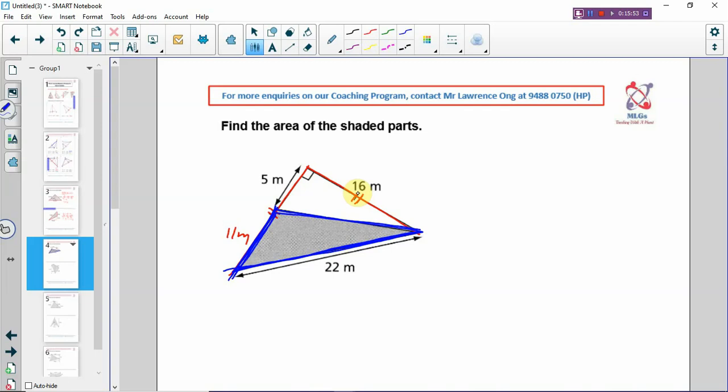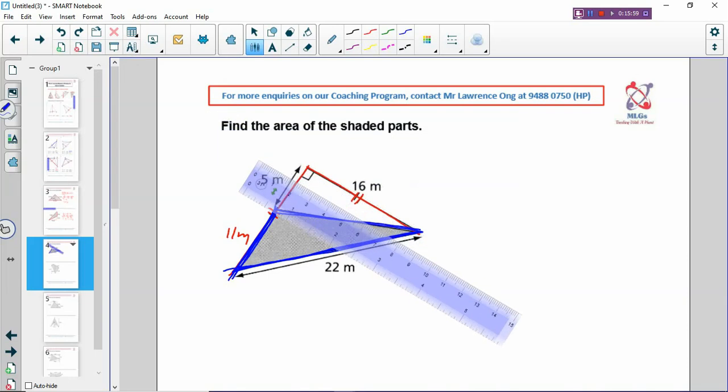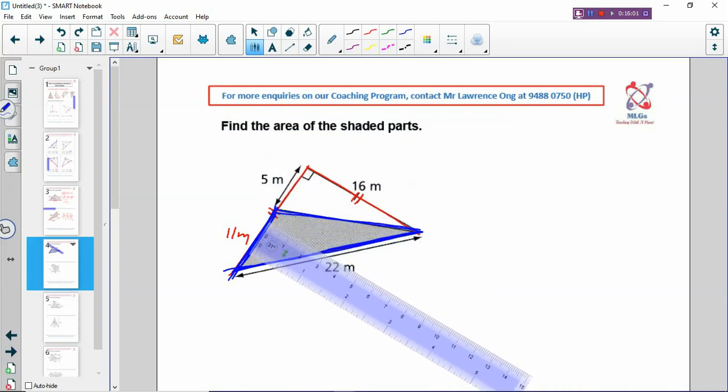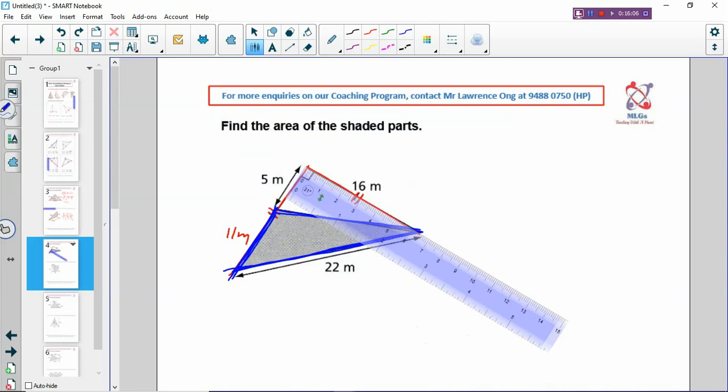And if that is the base, then where is the height? Then you take your ruler, put the ruler on your chosen side, and shift up down. Can you see there's a line that's parallel, which is 16 meter? So that's the height of the triangle. So now you can write down half times base times height.